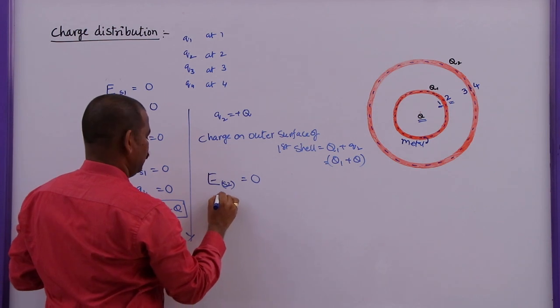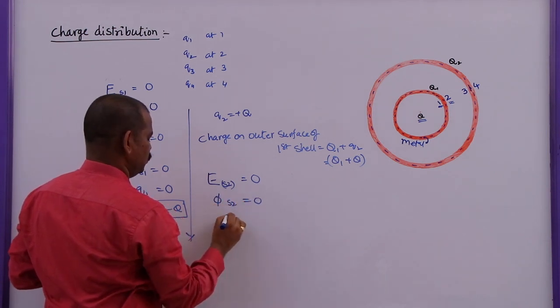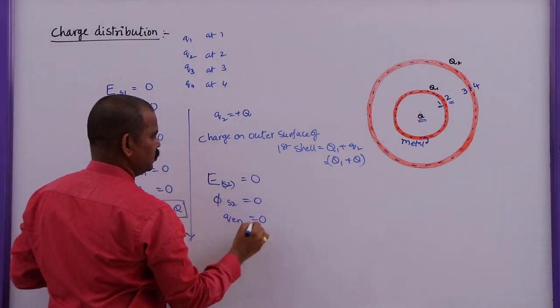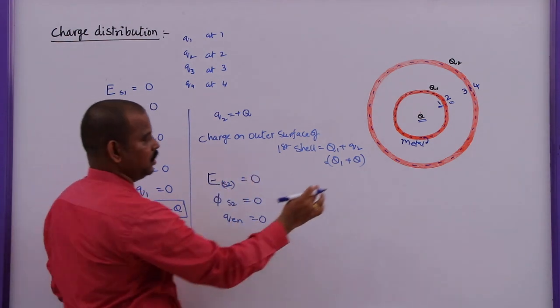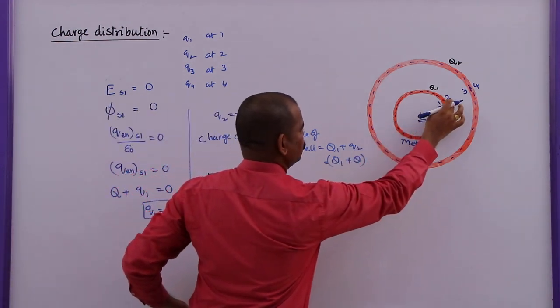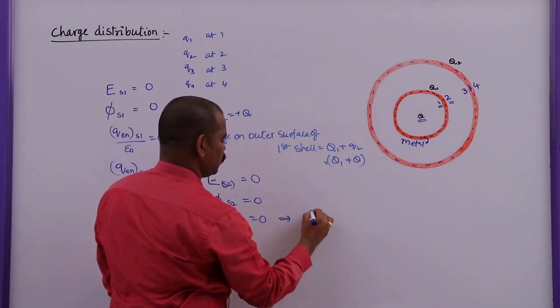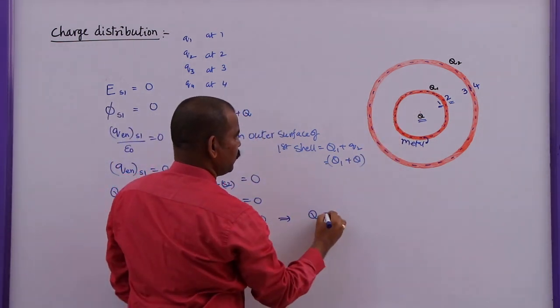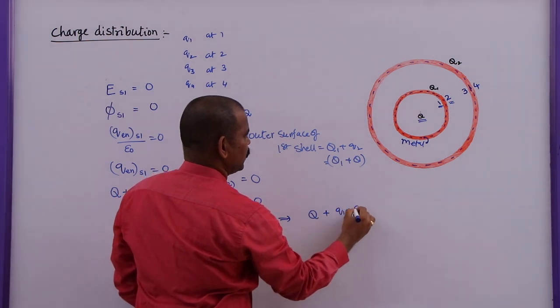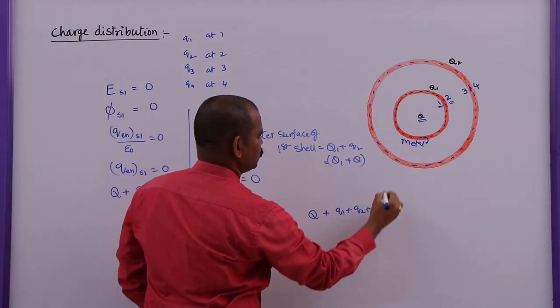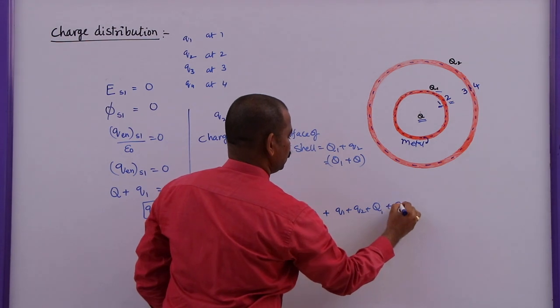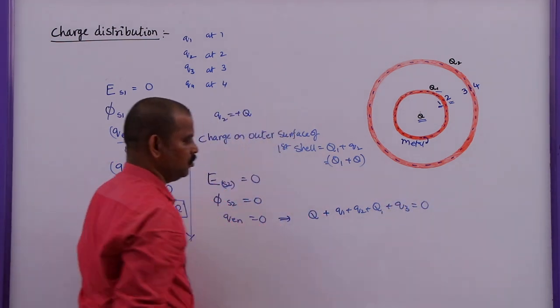So the flux through the second surface will be 0. The charge enclosed will be 0. So what is the total charge enclosed here? This charge, this charge, this charge, this charge and this charge. So from this we can write: the total charge at center Q plus Q1 plus Q2 plus charge Q plus Q3 must be equal to 0.